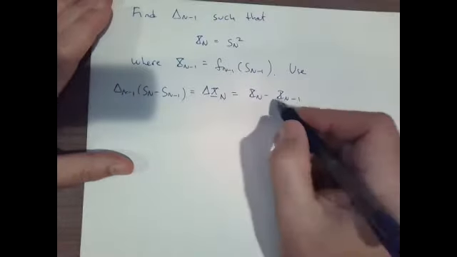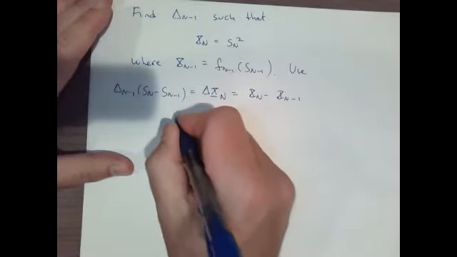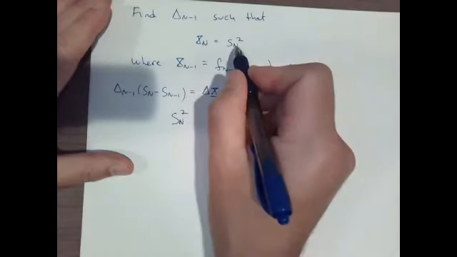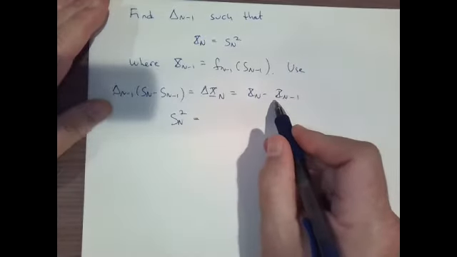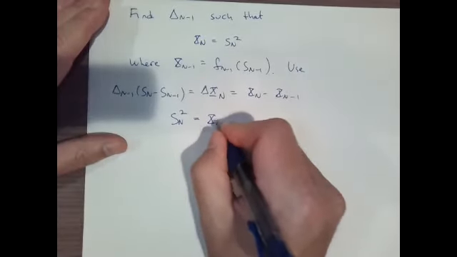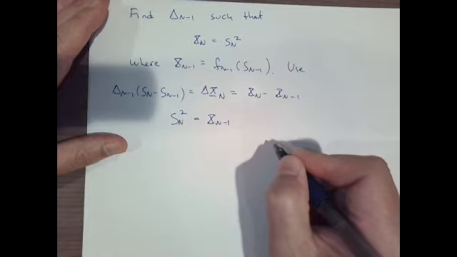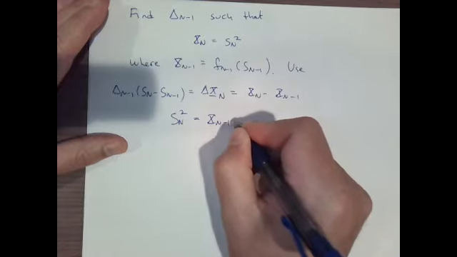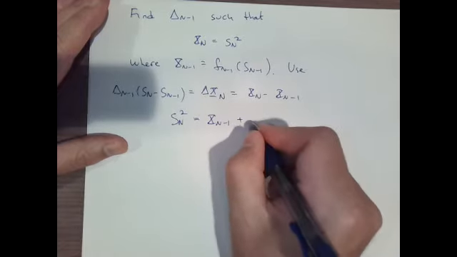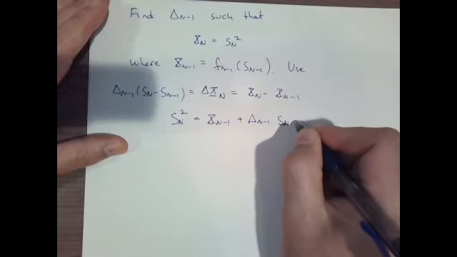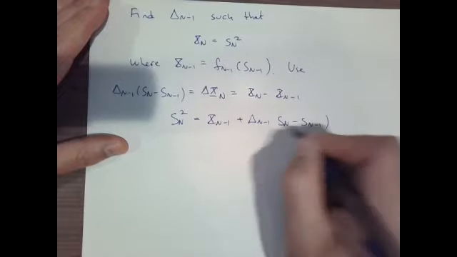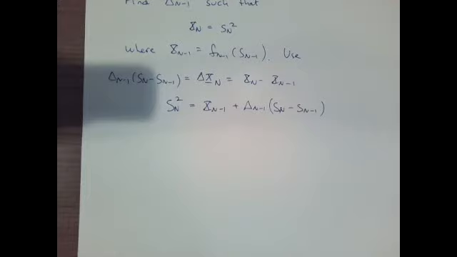So on the left hand side I want to have this S_n squared, and instead of X_n, I'll have X_{n-1} plus delta_{n-1} times the price change.